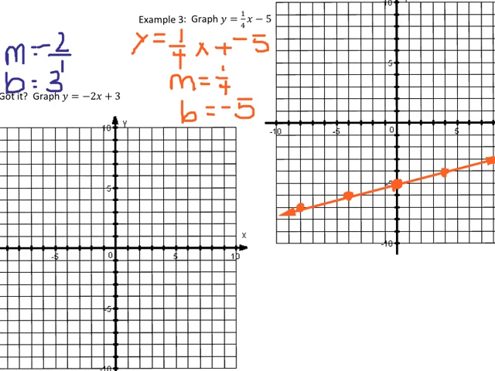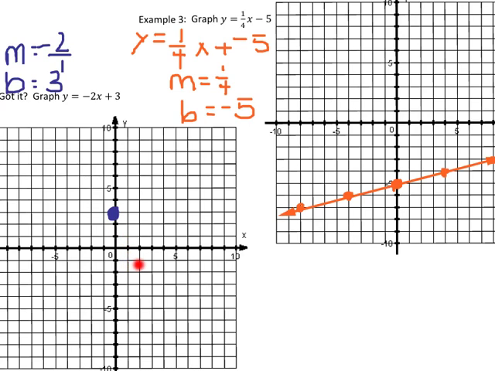So I start on my y-axis at 3. And my slope is down 2, right 1. So I go down 2, right 1, and I put a point.